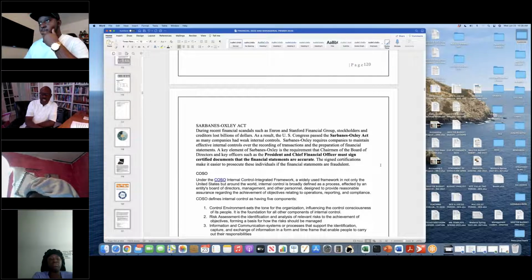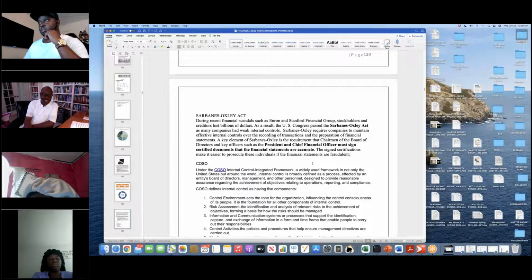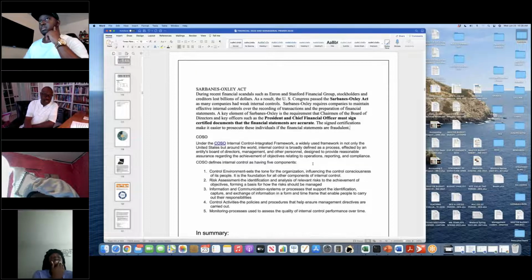So when you become president or chief financial officer of your big company, remember you have to sign that these statements are correct. So maybe that's why you need to be learning this accounting. Because if the chief financial officer makes a mistake, the president is still responsible. So he has to know what's supposed to be in the statements.